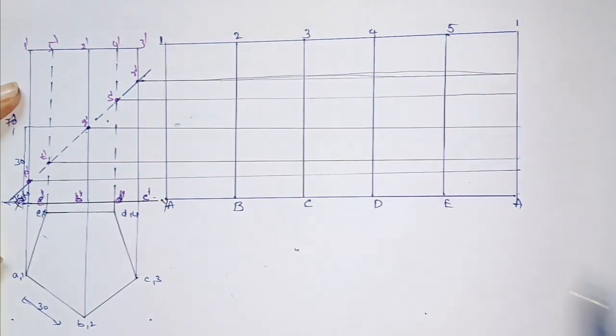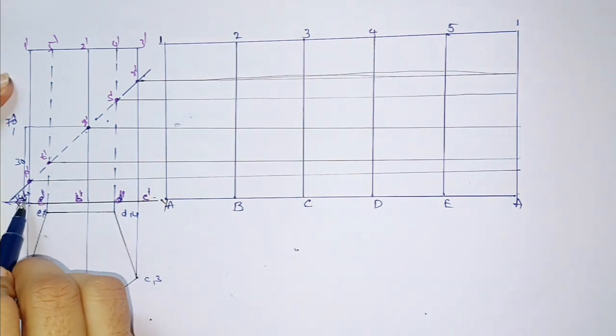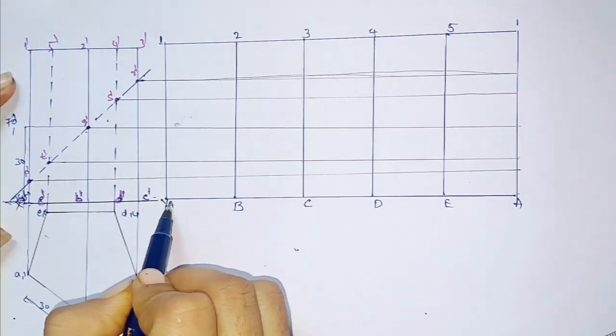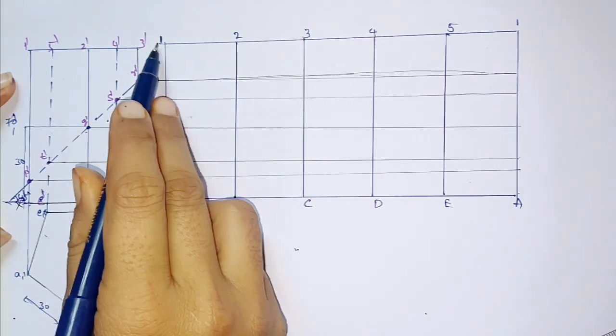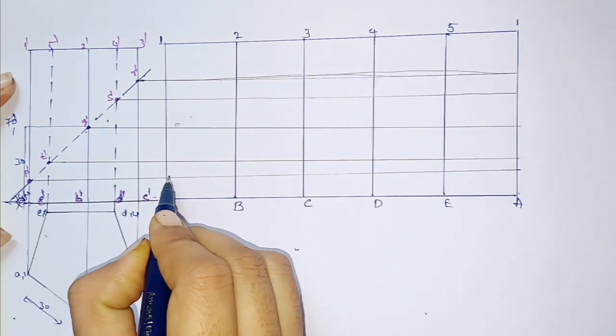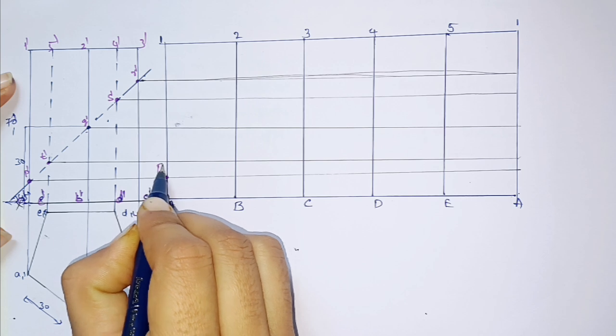And now we have to mention P. P prime is on the projector of A prime and 1 prime. So where is A and 1? A and 1 here, first and last. So where do 1 and A coincide? Here. This is the capital P.